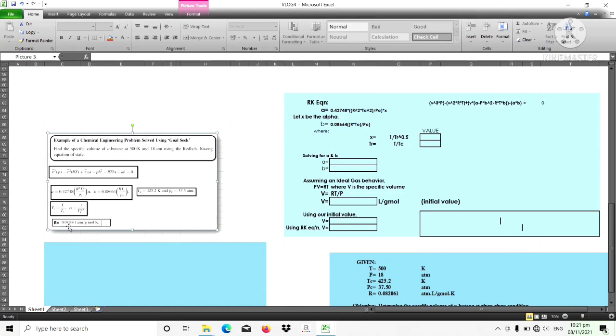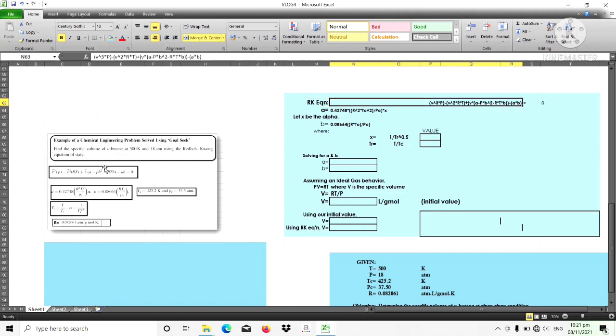The value of R is 0.0206 atm gram mole Kelvin. So we have this Redlich-Kwong equation, from this formula.